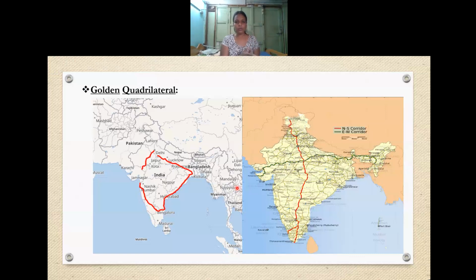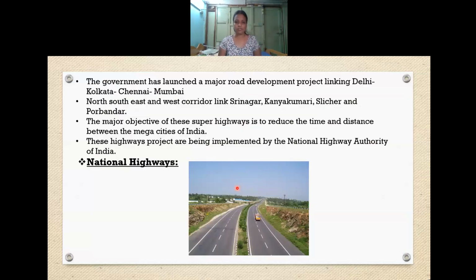The golden quadrilateral and the corridors have been made for the convenience of goods and services. They reduce the time and the distance between the mega cities and connect the major cities in our country. These highway projects are implemented by the National Highway Authority of India.